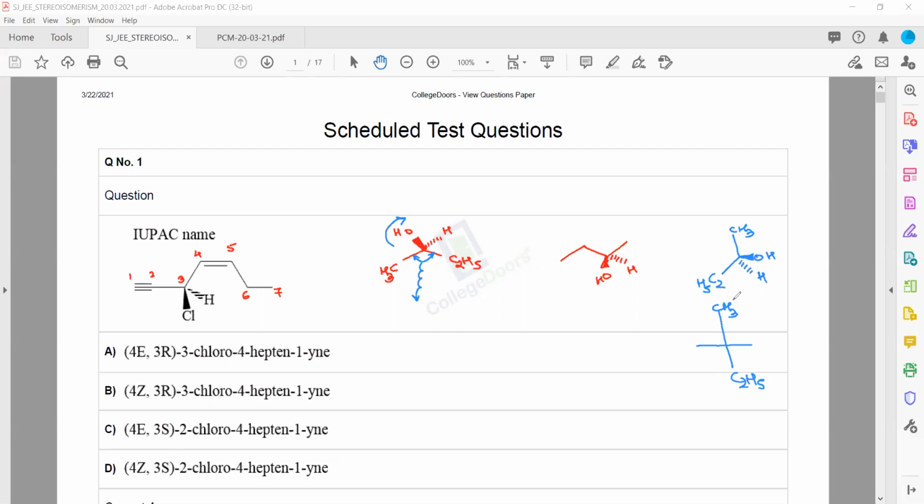It depends from where you see. Normally, with respect to the observer, if the observer is over here, then the OH will be on the left hand side and the H will go on the right hand side.